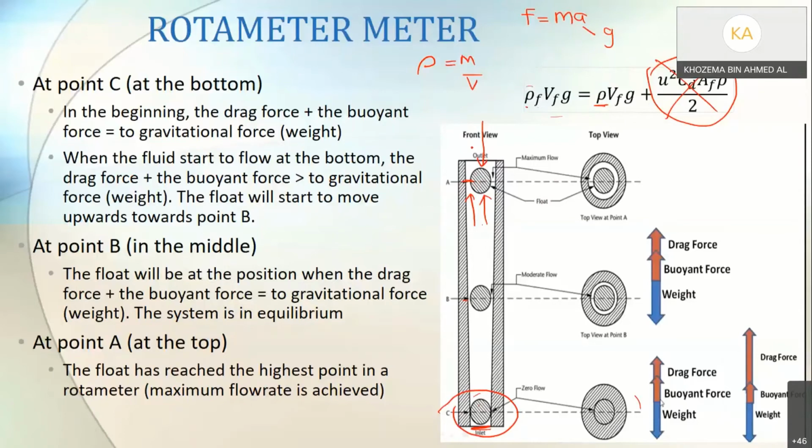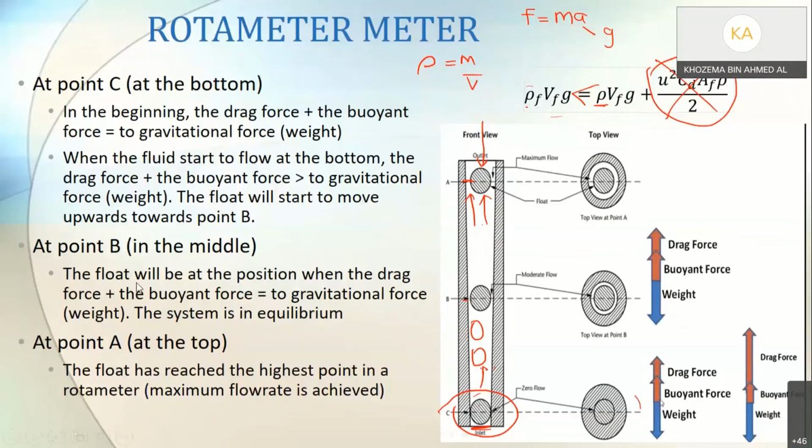Because it is more, it will push the float from point C to point B. It will start moving, and you will have flow. So the force acting downwards is lower than the force acting upwards. That's why the float will be going up towards point B.